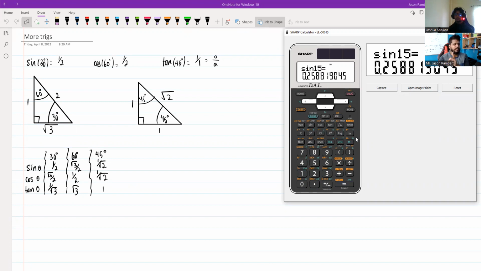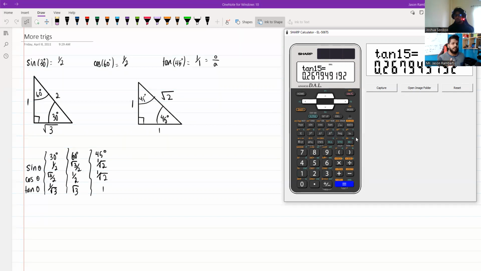Doesn't give me a nice value. Cosine of 15 doesn't give me a nice value, and tan of 15 doesn't give me a nice value. All right? So I can't go and create a right angle triangle and get an exact form or a rational, and I put rational in inverted commas. I can't get a rational answer for sine, cosine, or tan of 15 degrees as yet.